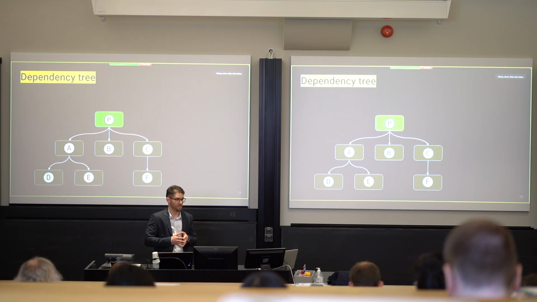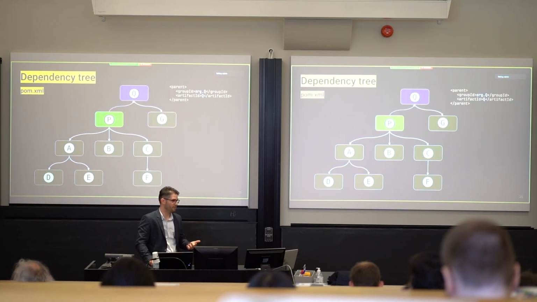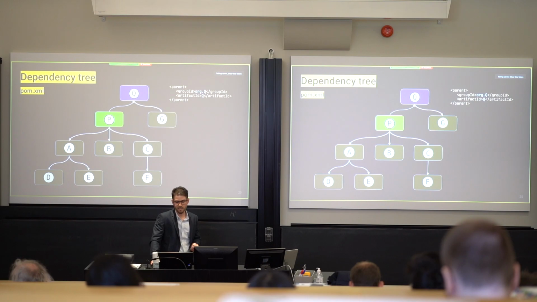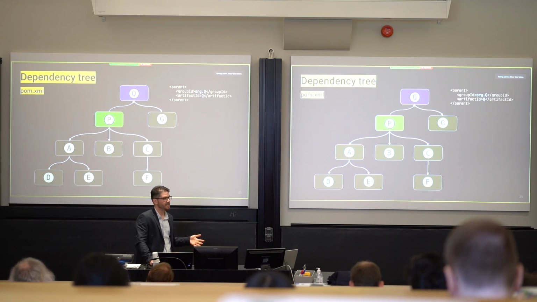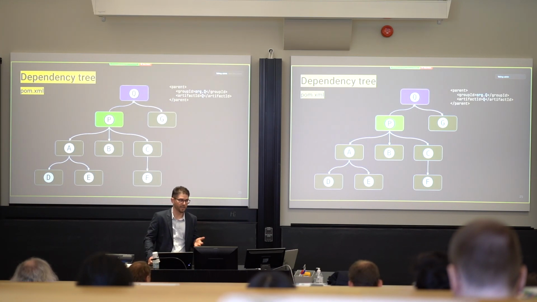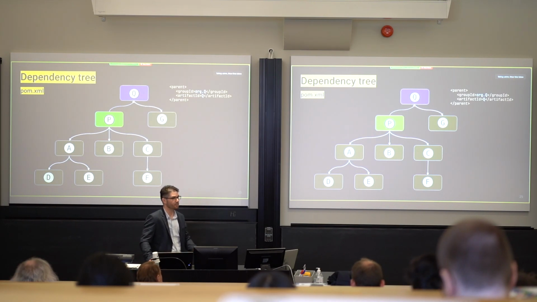So in the Java Maven ecosystem, there is also a parent relationship in which a dependency could be inherited. In this case, the project P declares Q as a parent, and then the dependency G, declared by Q, automatically becomes a dependency of P as well.